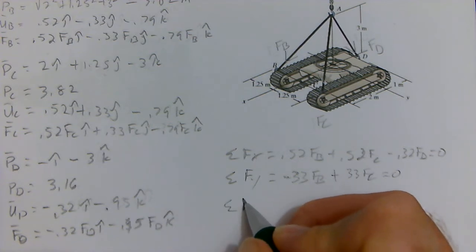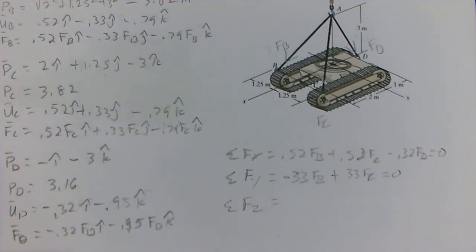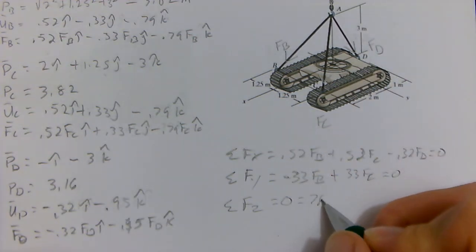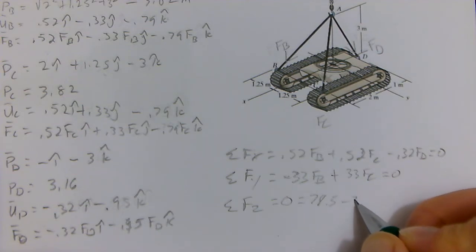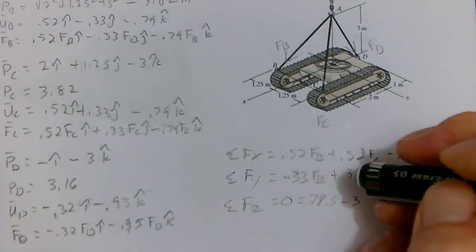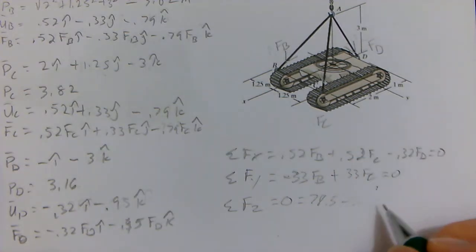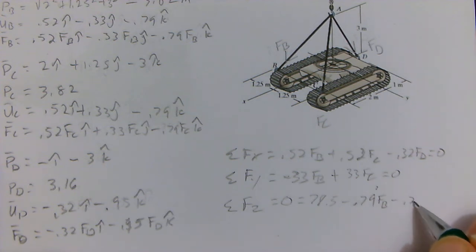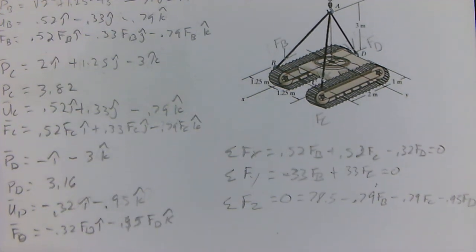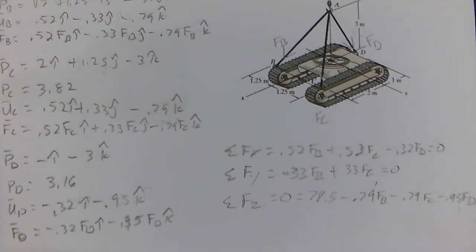And summing the forces in the Z, which equals 0, we get 78.5 up minus 0.79 FB minus 0.79 FC minus 0.95 FD. So now we have 3 equations and 3 unknowns, and it could be solved easily using a graphing calculator.